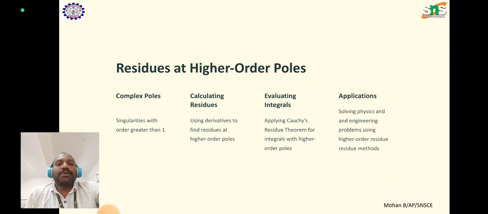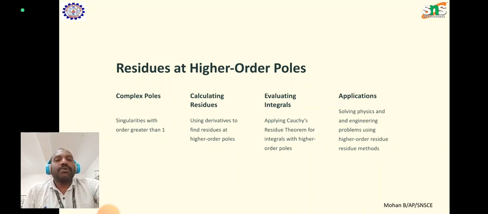Previously, in the last classes, we discussed Cauchy's residue theorem, Cauchy's pole and simple pole. We also briefly discussed residues at higher order poles.